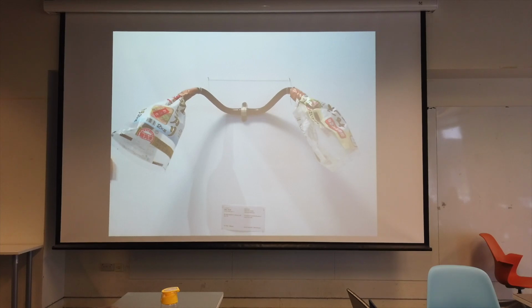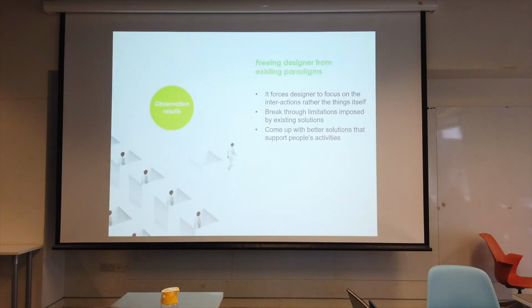I don't know whether you have experience cycling in the winter time. It's really freezing, right? So your hands will turn really cold. So by using a recycled bag, they protect the hand. I think this again is done carefully.